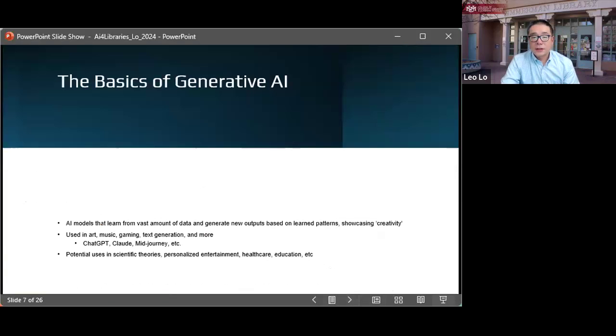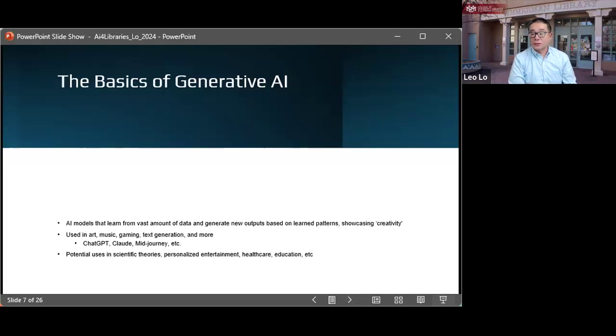So ChatGPT is a generative AI, and generative AI refers to a kind of AI that's capable of creating new content like text, images, audio, synthetic data. Basically, it learns patterns and structures from large data sets and uses the knowledge to generate content that mimics the original.